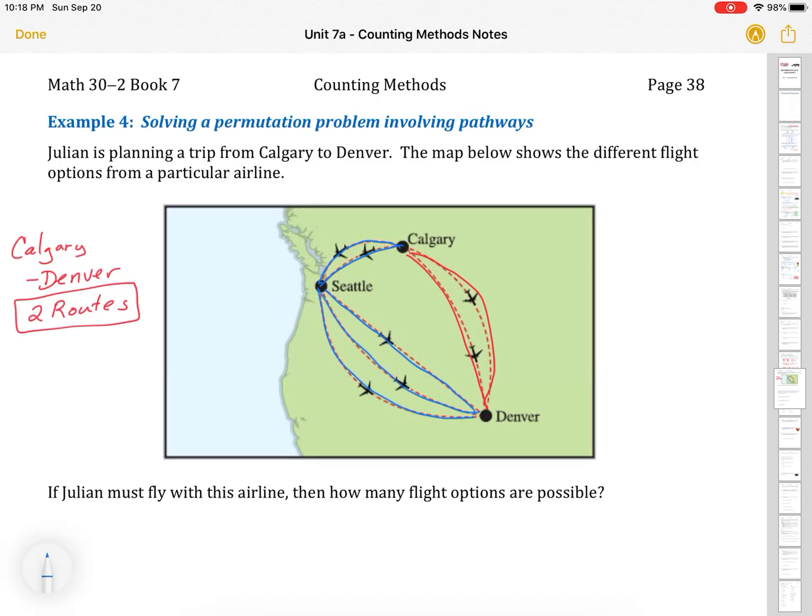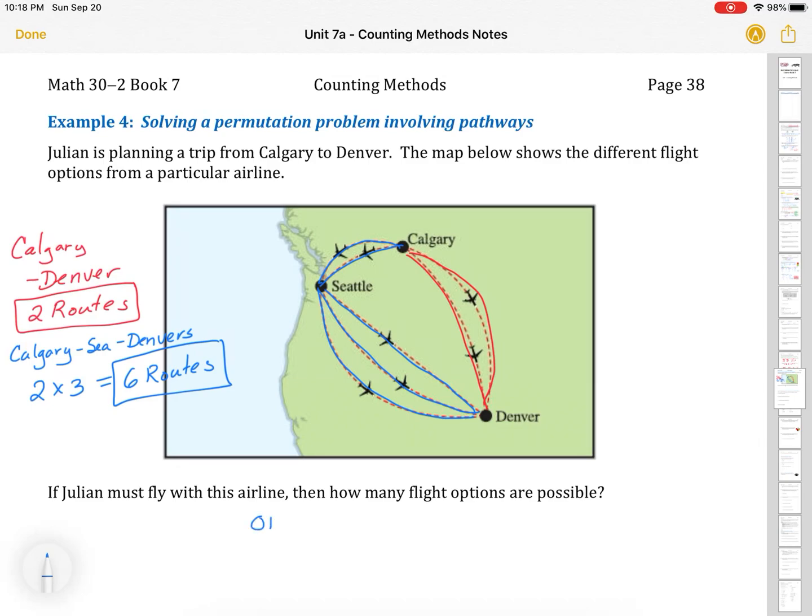He could go through Seattle. So first he's got 2 routes through Seattle, and then another 3 possibilities onto Denver. So Calgary, Seattle, Denver. He has 2 times 3 possible routes, which is 6 routes.